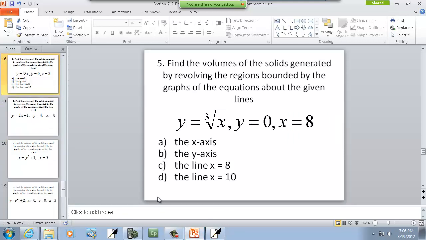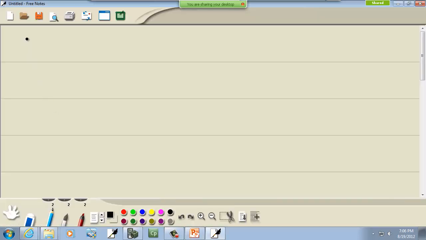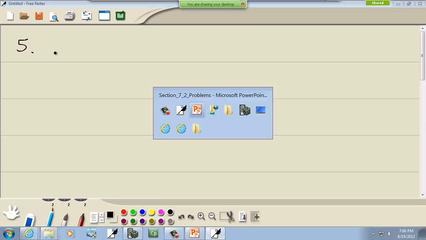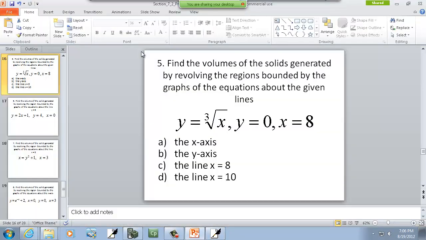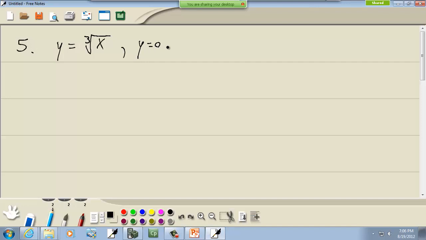It says, find the volumes of the solids generated by revolving regions bounded by the graphs of the equations about the given lines. Okay. So we got y is equal to the cube root of x. We got y is equal to 0.